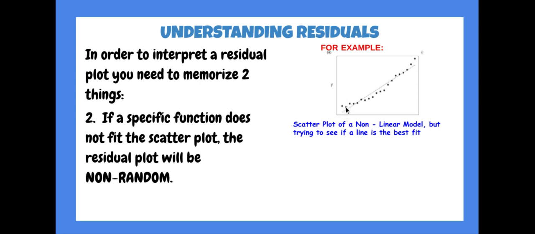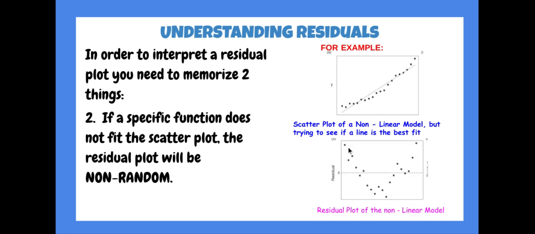So when we calculate our residuals, you'll now see that the residual plot goes in a little U-like fashion. It's not crazily scattered like the last one was. So since the residual plot is not random, it's in a U-shaped pattern, we know that this particular function, the line, is not a good fit for the data. We would rather say that an exponential function would be a better fit for the data.